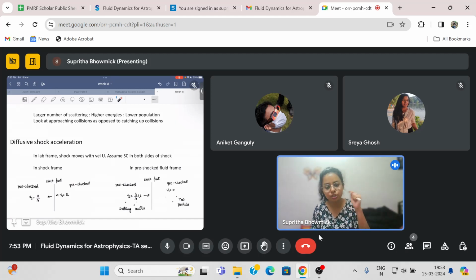Now in the frame of the shock, the frame where the shock is stationary, what does an observer sitting on the shock front see? If the shock were moving in the fluid with velocity u, then the fluid which is not yet shocked, in the pre-shocked region, moves towards the shock front with the velocity u in the frame where the shock is stationary, right?